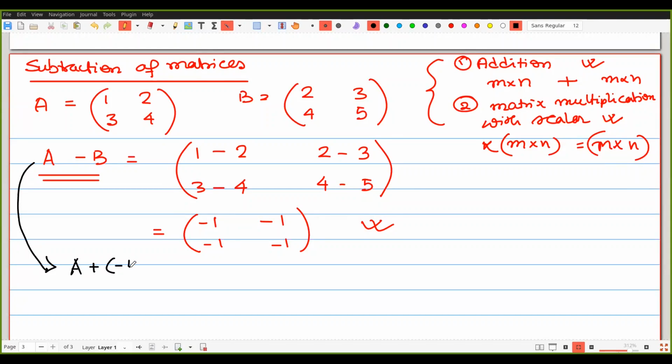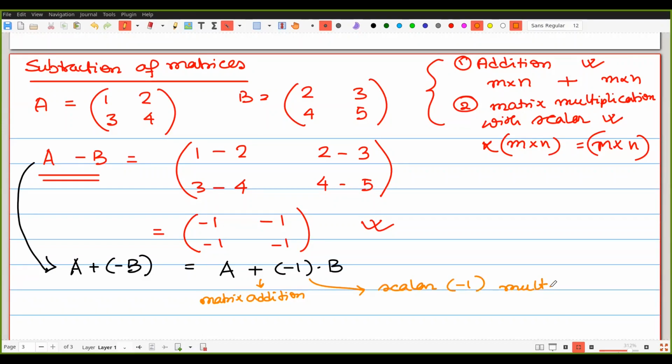That means just check here, A minus B means A plus minus B. Moreover, that is A plus minus 1 into B. So that is the addition, called matrix addition, and the scalar minus 1 multiplication with the non-null matrix.